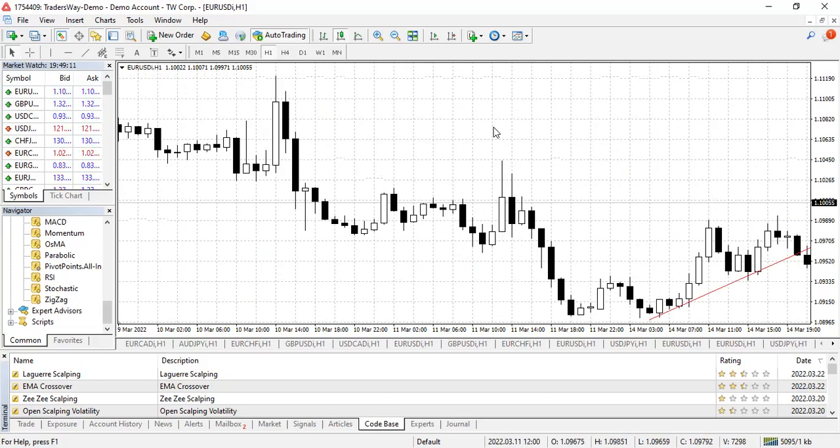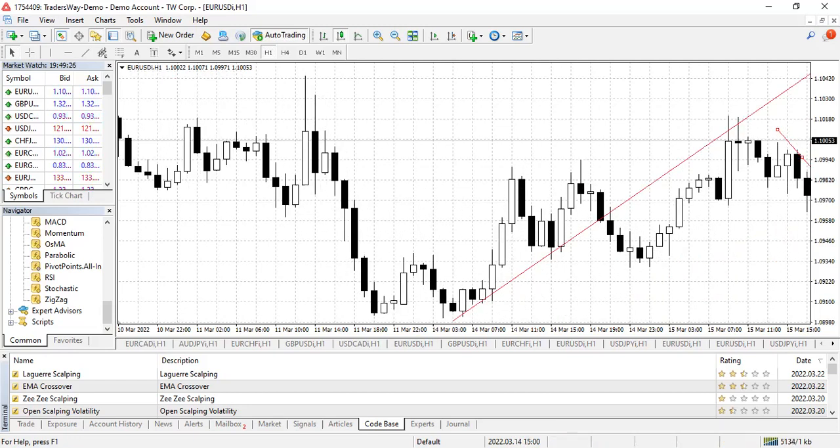So another triple candle pattern we'll be looking at here is three white soldiers and three black crows. So let me show you in my image.